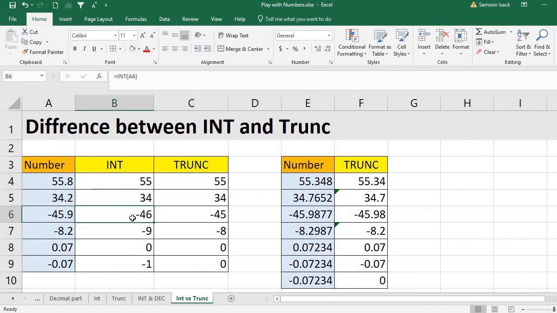But for negative numbers, INT goes to the lower nearest integer, but TRUNC is just removing the decimal part. Hope this example explains clearly the difference between INT and TRUNC, and see you in the next video.